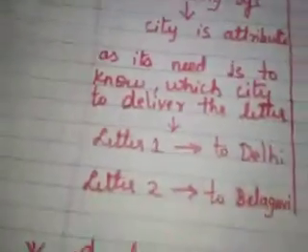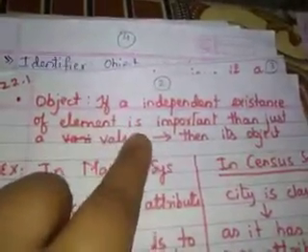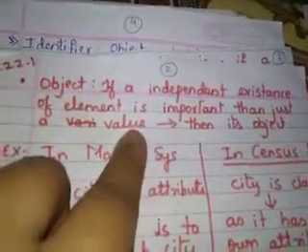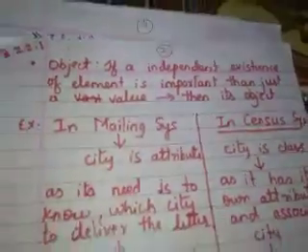So the first criteria, the elimination criteria, says you should eliminate the objects. If the independent existence of the element is more important than just a value, then we should keep it as an object.